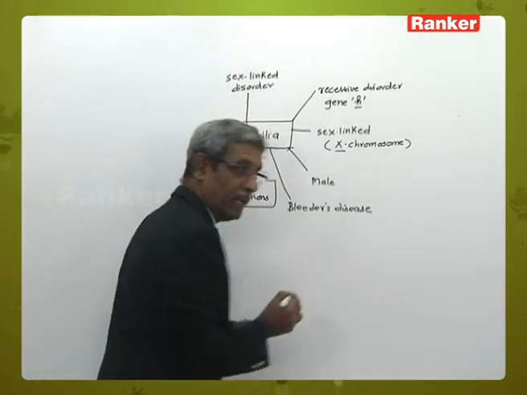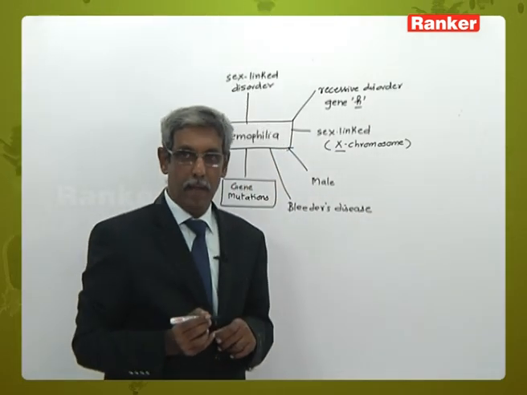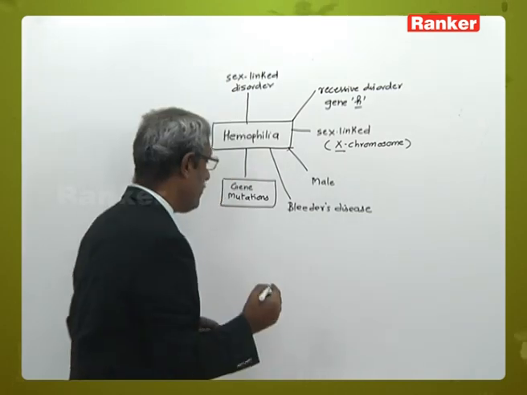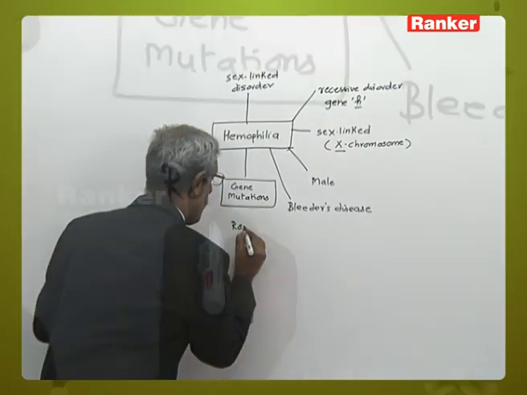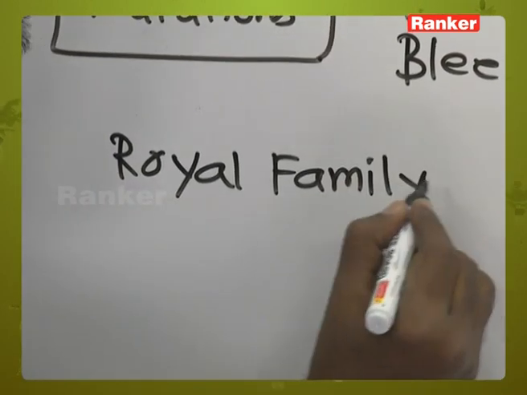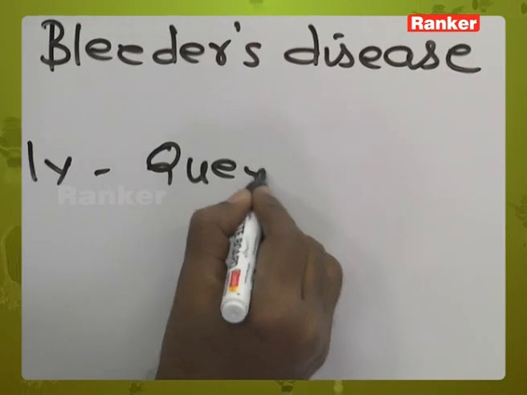It is termed a bleeder's disease, and it is one of the diseases which occurred in the royal family of Queen Elizabeth.